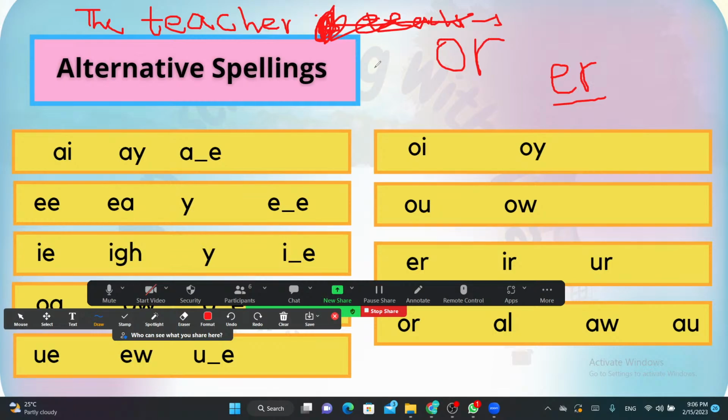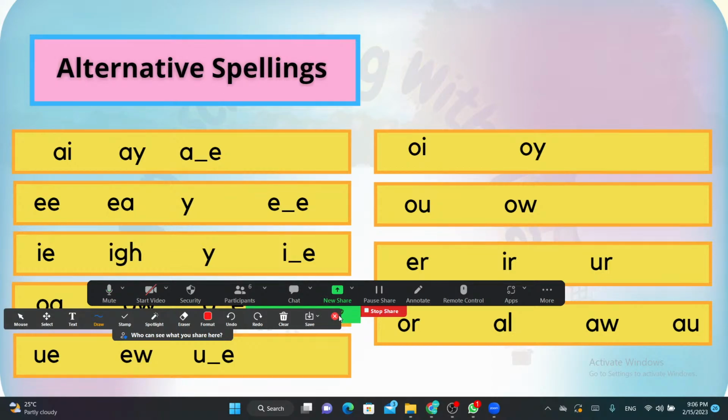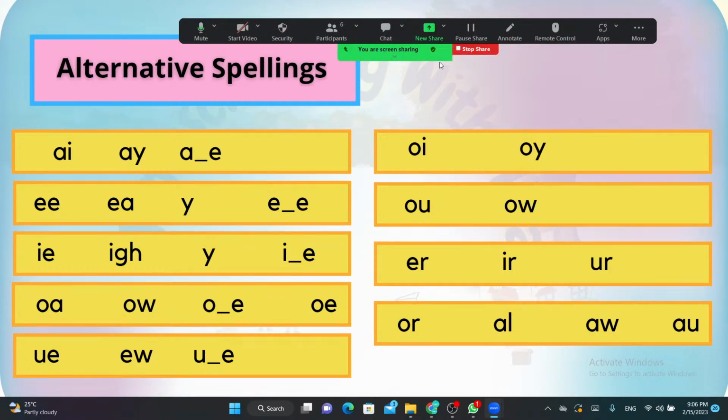Now, park is not beginning with a vowel, so you will not pronounce this R. This is about the British pronunciation, but we are not into this. It's just for you. Don't make your kids confused with this. It's better to follow the American pronunciation. They are simple, they are easier, and in India, Pakistan, we mostly speak like this. So let's keep things simple, right?